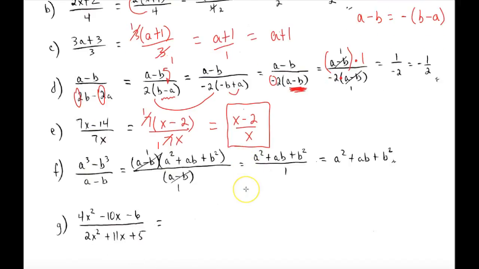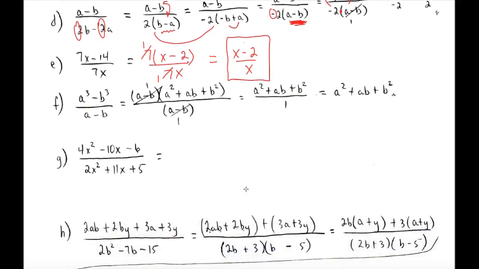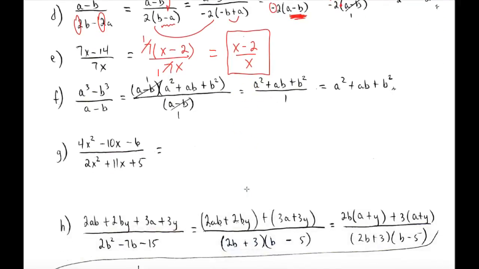All right, so moving on to the next set of examples, we see that for example F, we have a cubed minus b cubed divided by a minus b. And a cubed minus b cubed is what we call the difference of 2 cubes. With the difference of 2 cubes, you'll see that I've factored this out to a minus b times the expression a squared plus ab plus b squared.